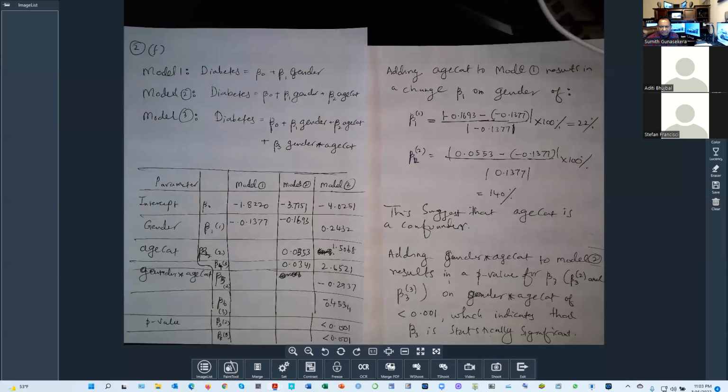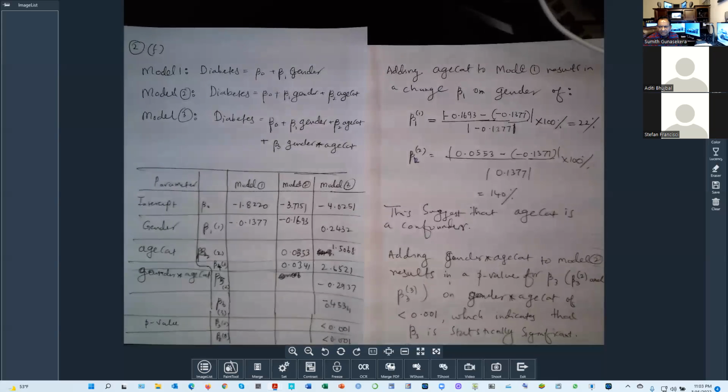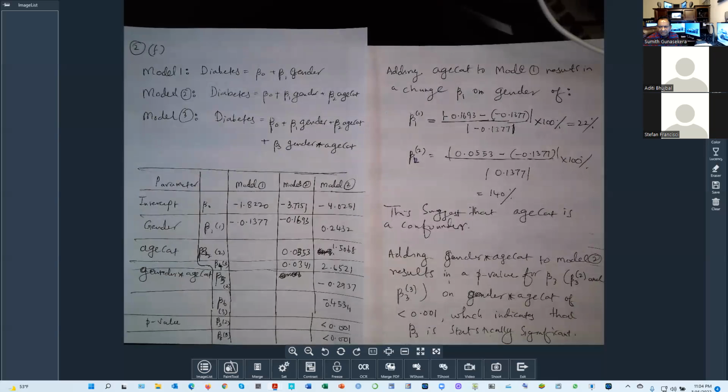Let's see. Okay, it's okay. Okay, contingency table, this one.